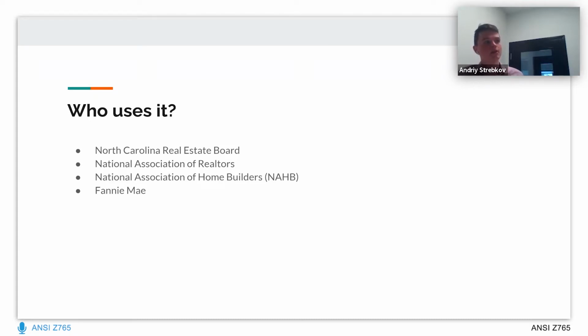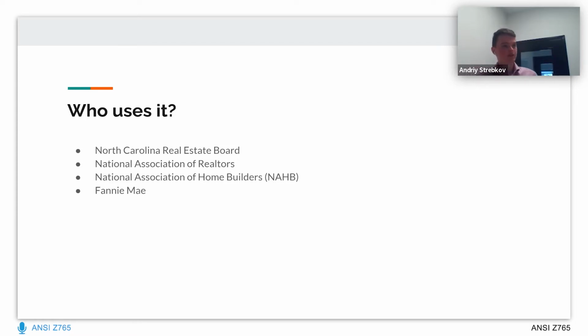North Carolina requires you to follow either the North Carolina measurement guidelines or ANSI Z765 when you report square footage. So every real estate agent who includes square footage in the MLS has to follow ANSI Z765 or the North Carolina measurement guidelines, which are very similar to ANSI Z765.